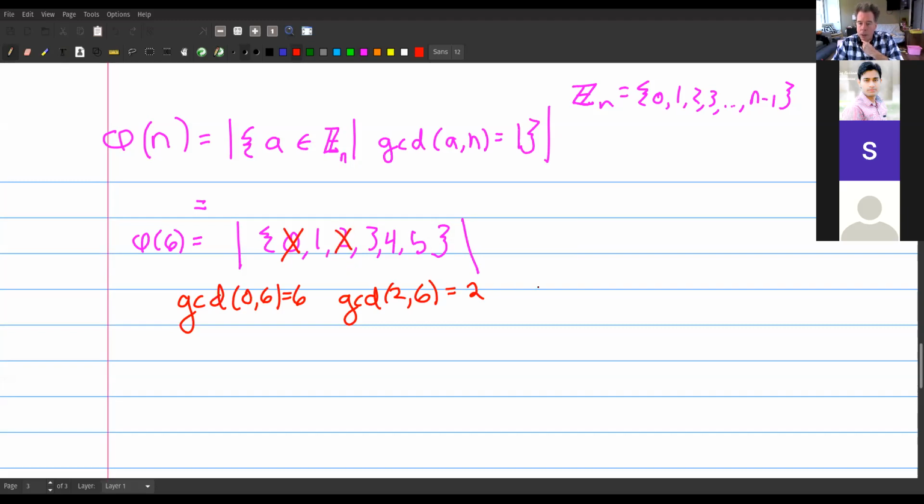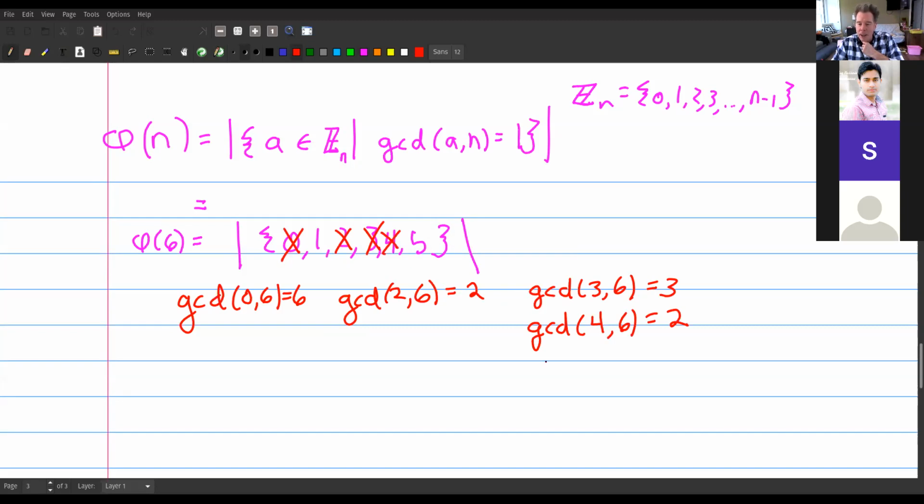And what about 3? 3 is not good either, because the GCD is 3. What about 4? The GCD of 4 and 6 is 2, so 4 is out.